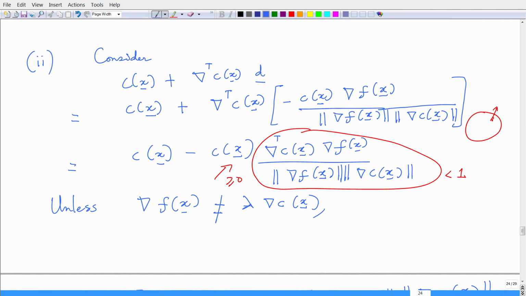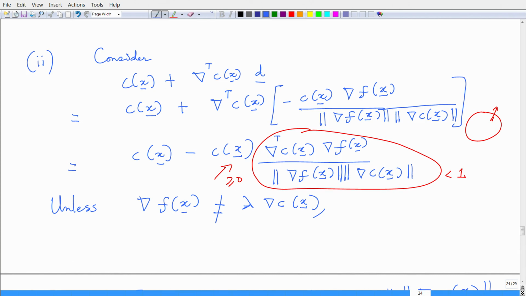Now, this is C of x plus del C transposed, I plug in d here, which is minus C of x del f upon norm del f times norm del C. The C of x is a scalar which is outside, and this is greater than or equal to 0.